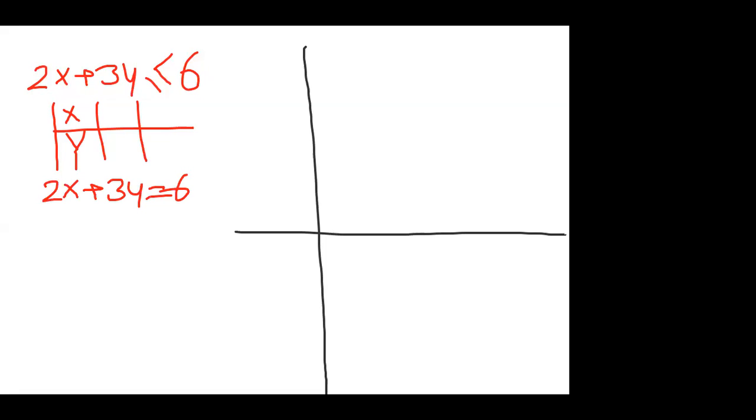When x is 0, y will be 6 divided by 3, which is 2. When y is 0, x will be 3. Now, when x is 0, y is 2, somewhere over here. And when y is 0, x is 3, somewhere over here. Its line is coming like this.